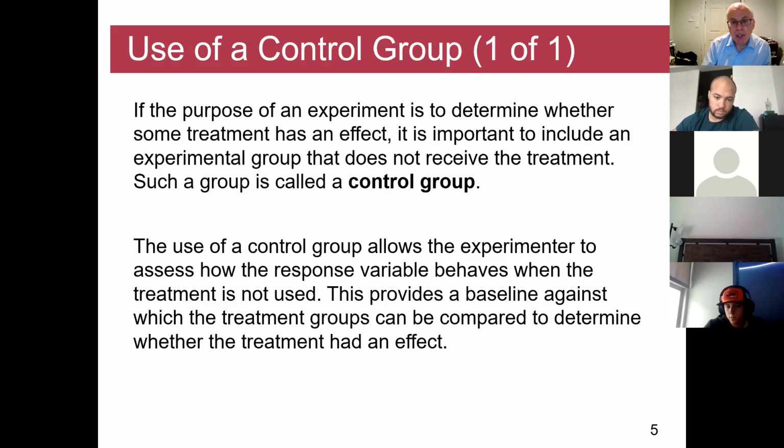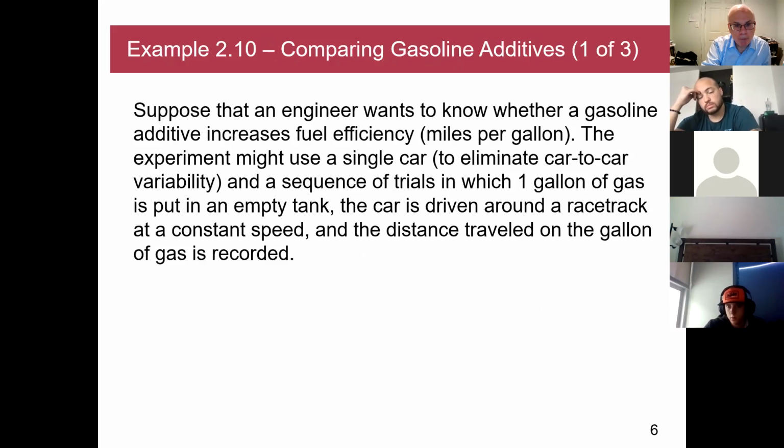Then we want to see whether the disease decreases more in the group that's taking the drug as opposed to the group that's not taking the drug. So it's a baseline. It's something that we're comparing the actual treatment to. That's called a control group.